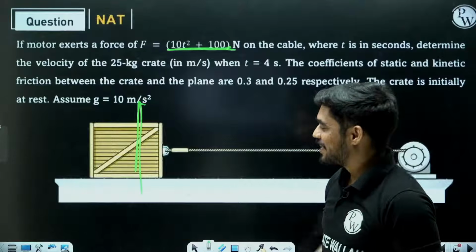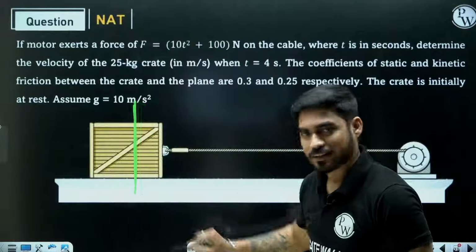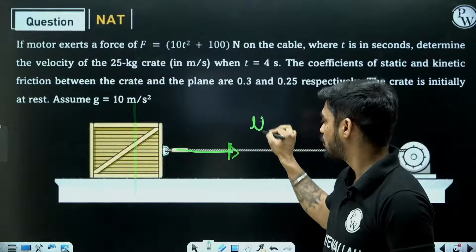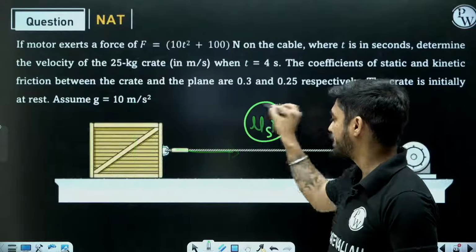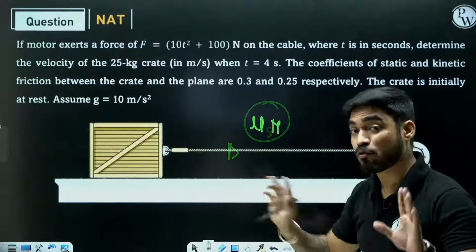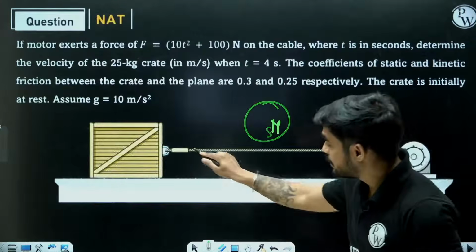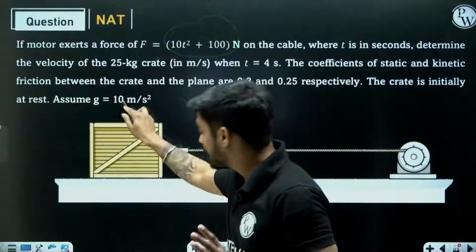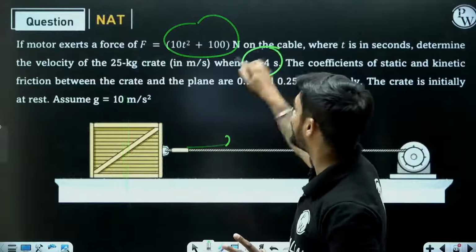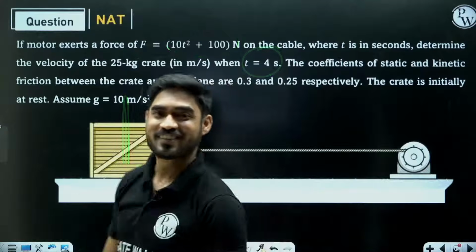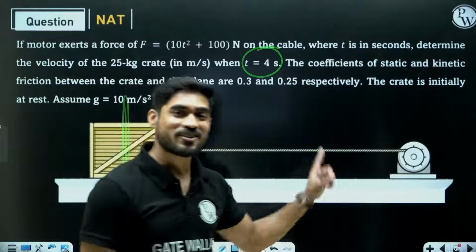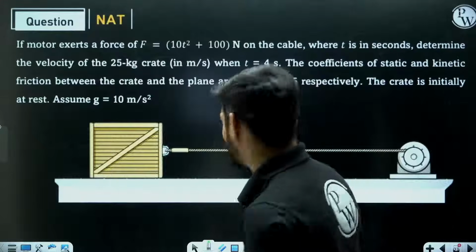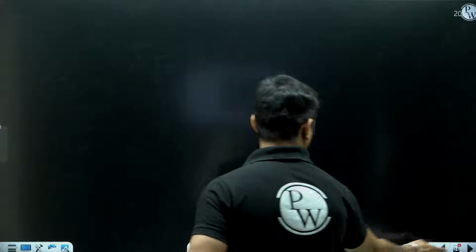If you want to move this crate, the force applied should be greater than mu s into N. Mu s into N is the minimum force required to move any body, right? So if this force is not greater than mu s into N, the crate will be at rest at t equal to 4 and your answer will be 0. That's why they have given you the static coefficient of friction. You need to check. Okay, let's check.